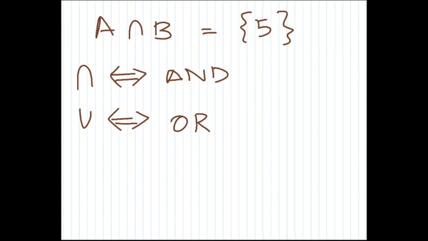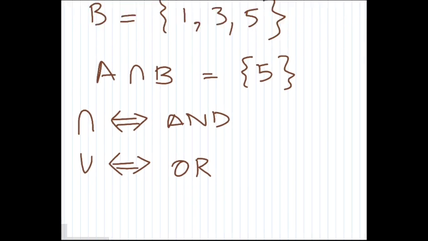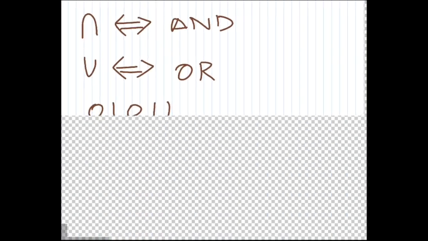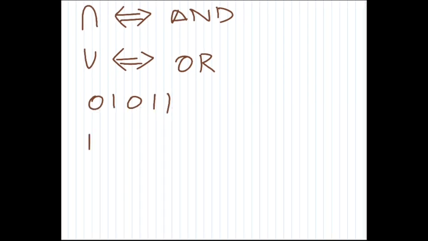Now A intersection B, A is what? A is our 2 4 5, so we have 0 1 0 1 1. And B is our 1 3 5, so B is 1 0 1 0 1. So now we are going to AND them bitwise.